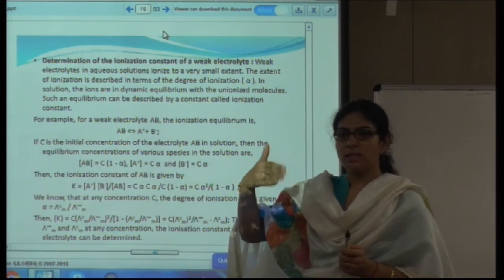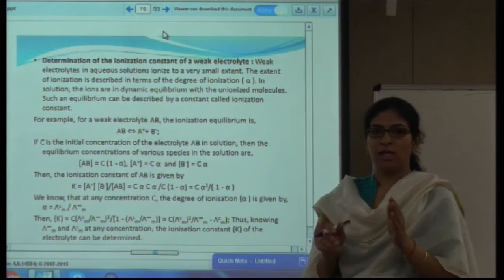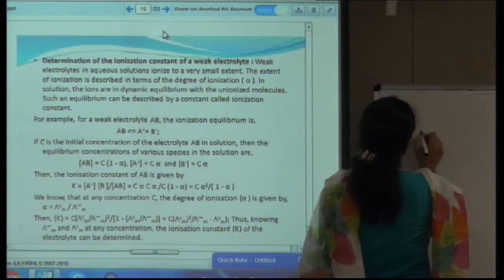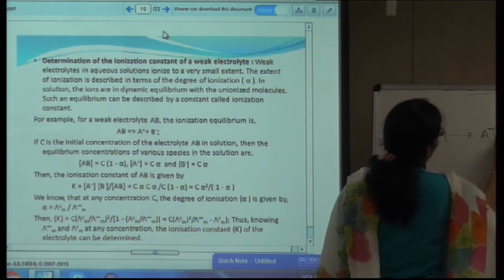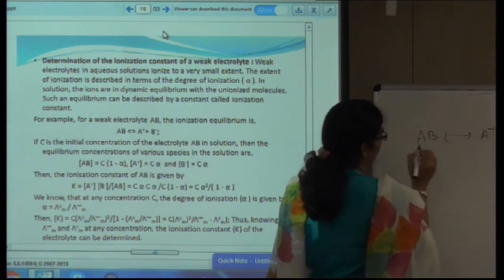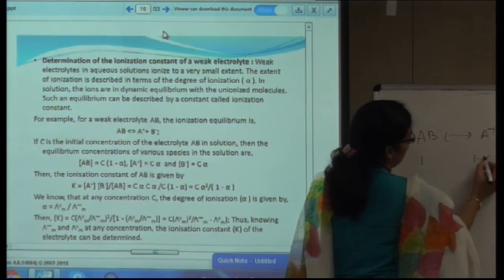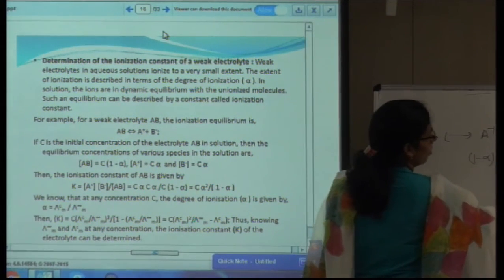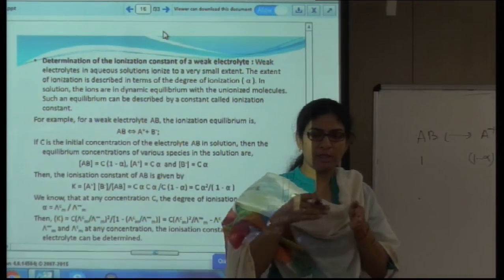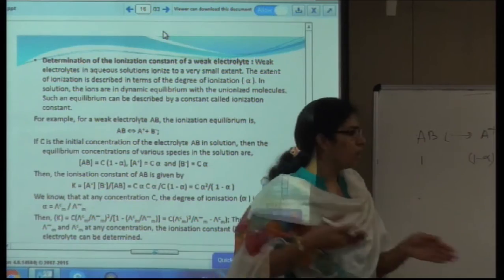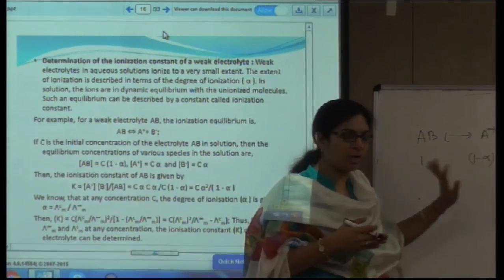Suppose if you take 1 mole of AB, and alpha is the degree of dissociation, then you are going to have 1 minus alpha left, because alpha has dissociated.